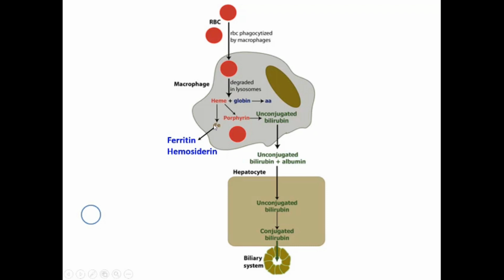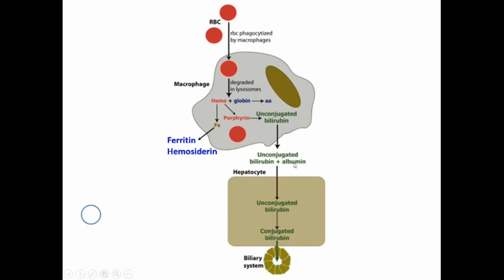The iron detaches from the heme and is stored within the cell in a condensed form called ferritin or hemosiderin. Porphyrin, as a pigment, is converted to unconjugated bilirubin and transferred to the blood.